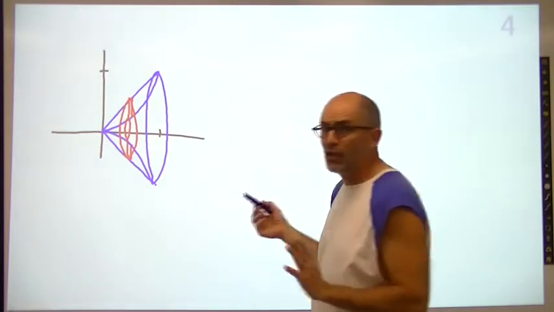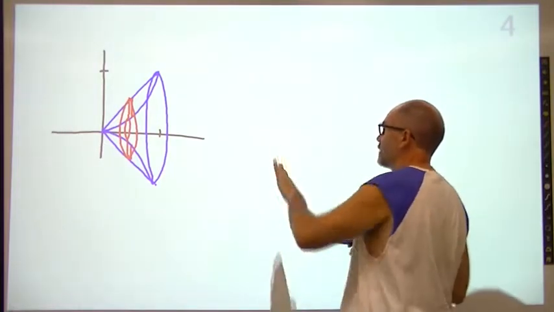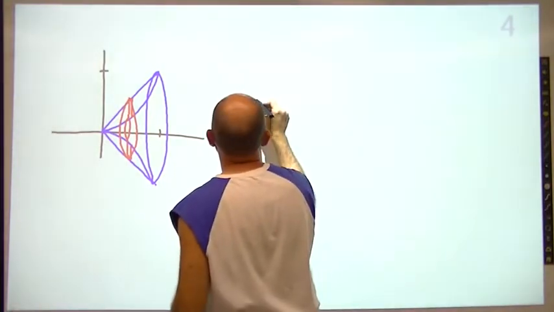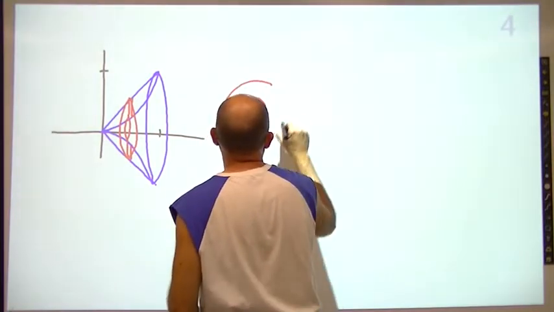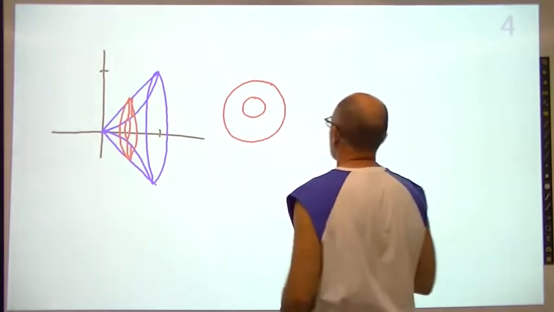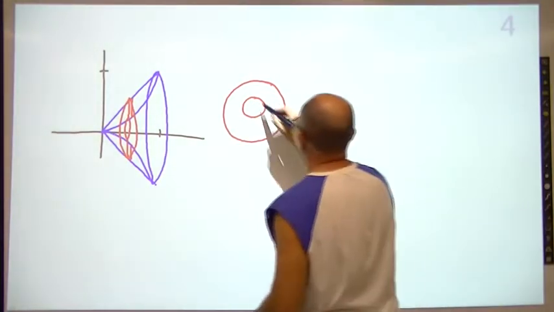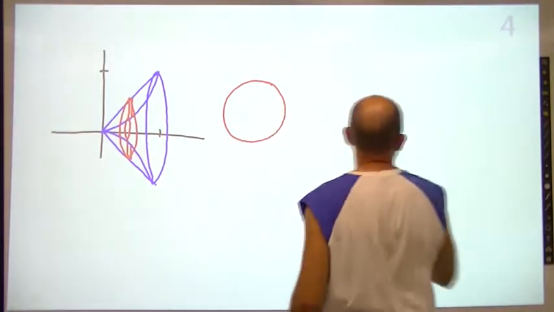Now, take a look at our donut if we look at it straight on. So here is that donut that we just drew. And that should be concentric.